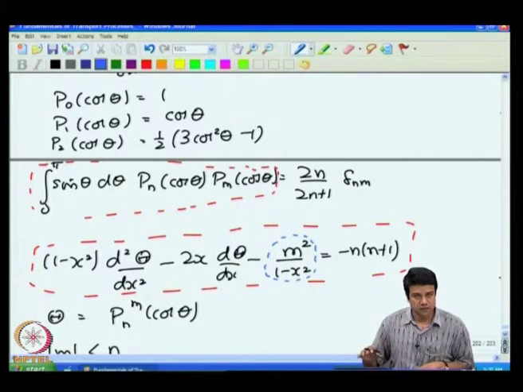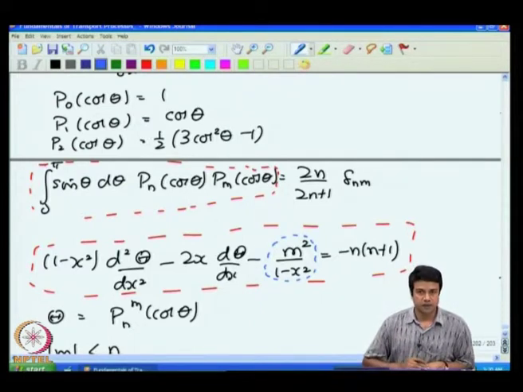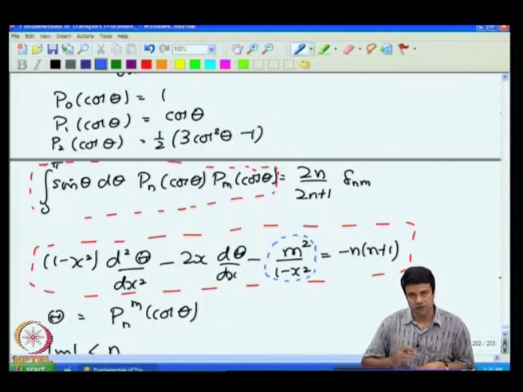When m is non-zero, then m can vary only between minus n and plus n. So, for example, for n equal to 2, m varies from minus 2, minus 1, 0, plus 1, plus 2. So, there are 5 solutions; for n equal to 1, there are 3. In general, for any value of n, the number of solutions is 2n plus 1.